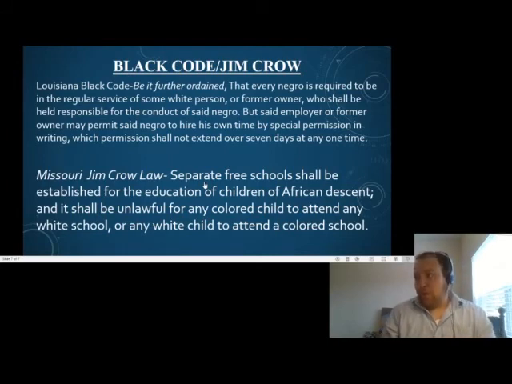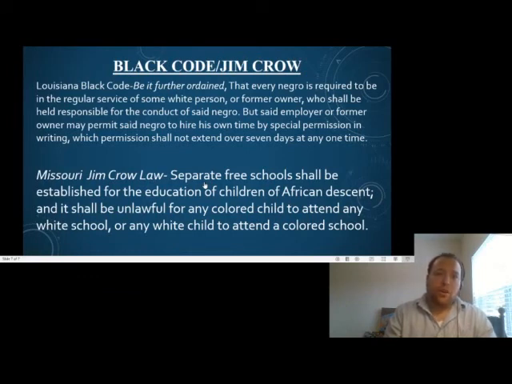Black codes also targeted African Americans congregating in public. Special exceptions were made for church services and things like that, but they were very limited as to when and where they could meet. This also targets housing, education, and the types of schools. Separate facilities were expected between blacks and whites here.